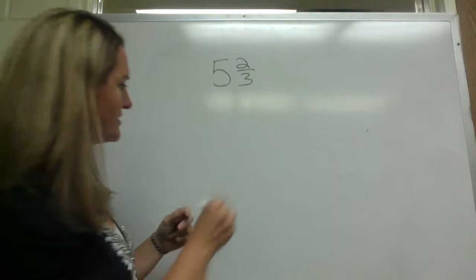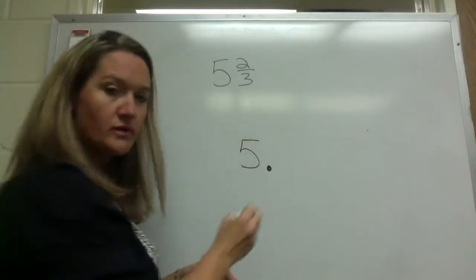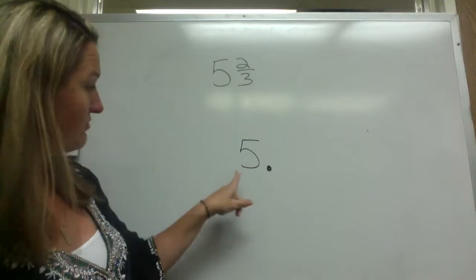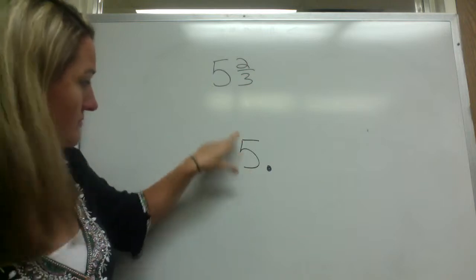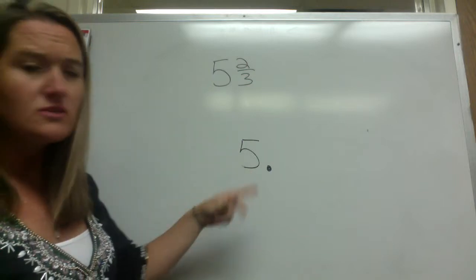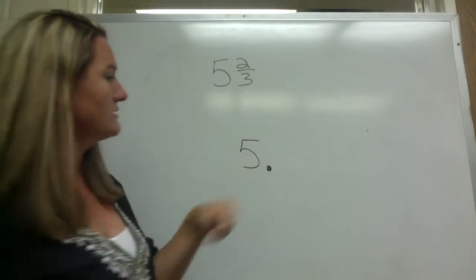So for a decimal, can't we write 5 point and then whatever that fraction is? Yeah, because 5 wholes is not written as a fraction, so it's still the same. Really all we need to do now is convert the 2/3 into the decimal to go after that.